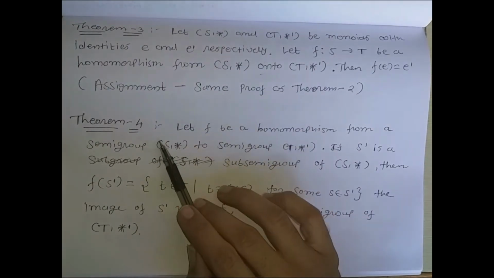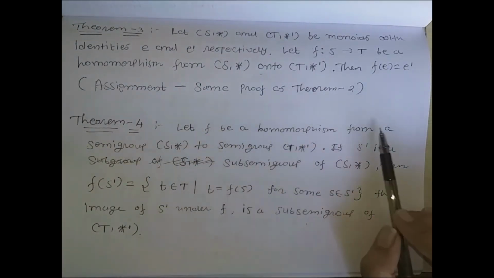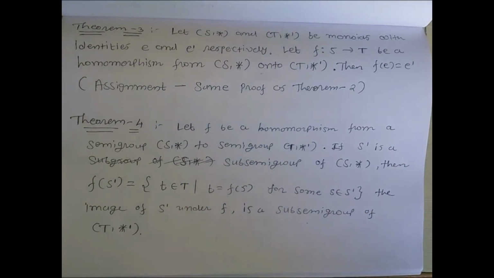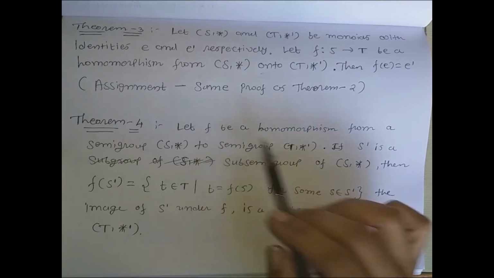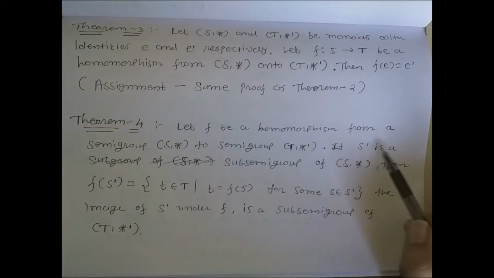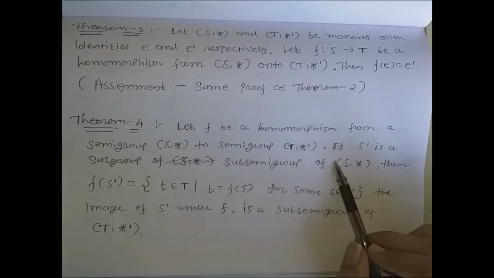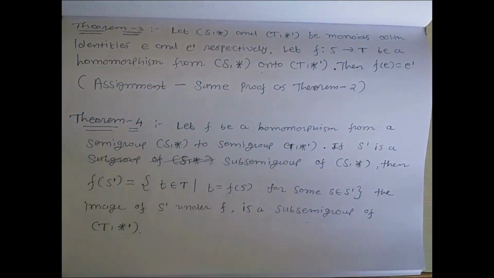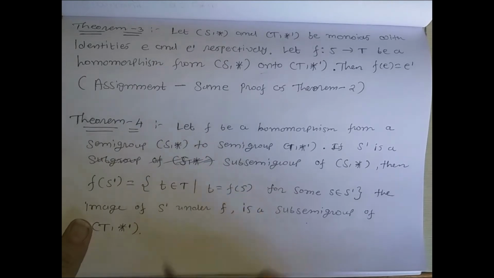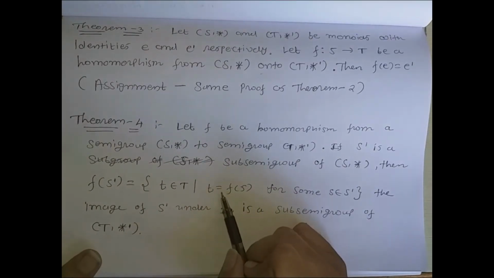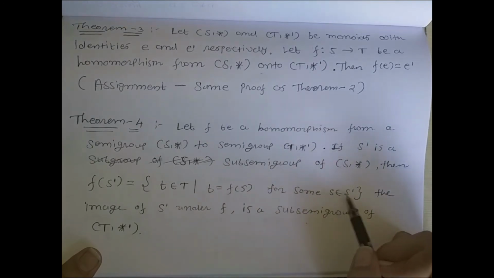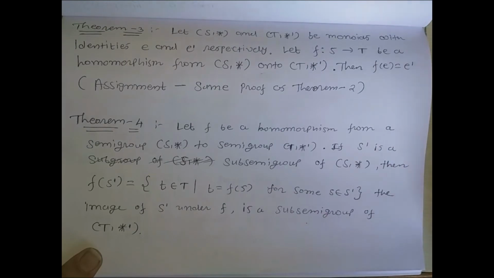Now theorem number 4, let f be a homomorphism from a semigroup S star to a semigroup T star dash. Okay, f is given to be a homomorphism. If S dash is a subsemigroup of S star, then f of S dash is equal to the set of all t belonging to T, where small t is equal to f of s for some element s belonging to the subsemigroup S dash.